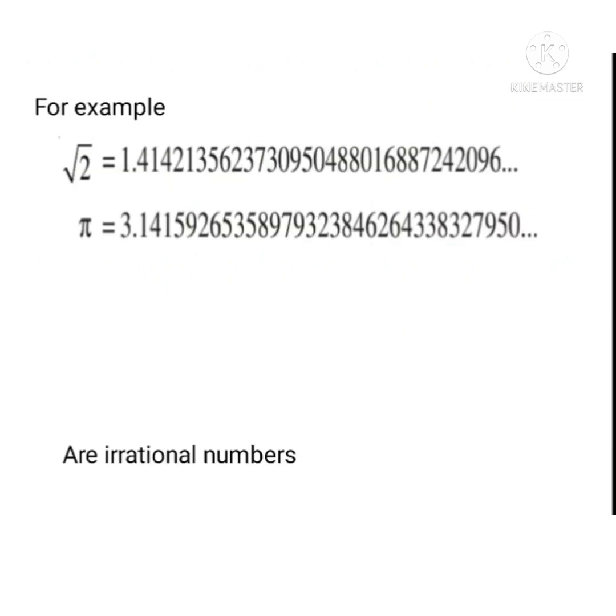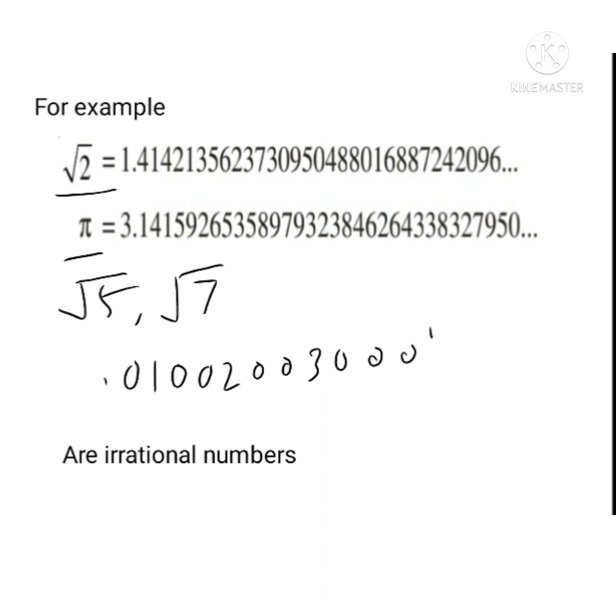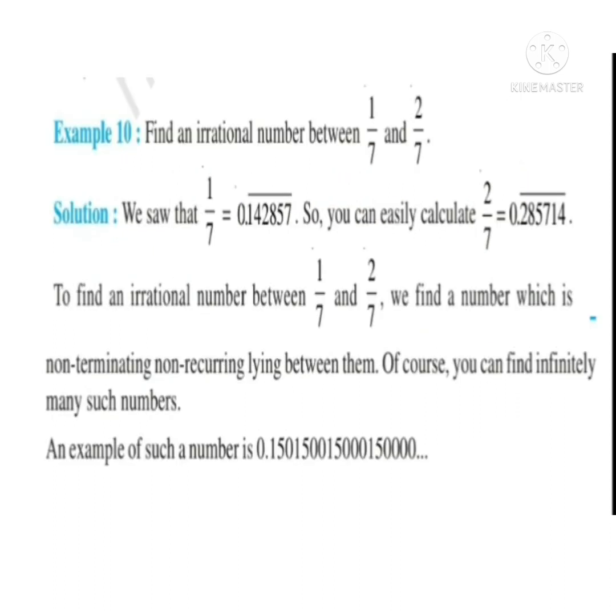For example, root 2 and pi. These are irrational numbers. Also root 5, root 7 or 0.0100200300004 and so on. Such numbers are also irrational because they are endless.